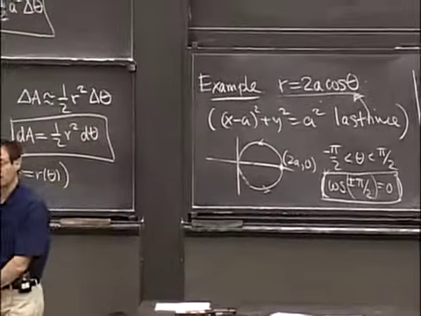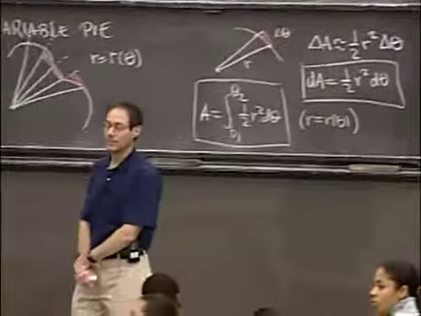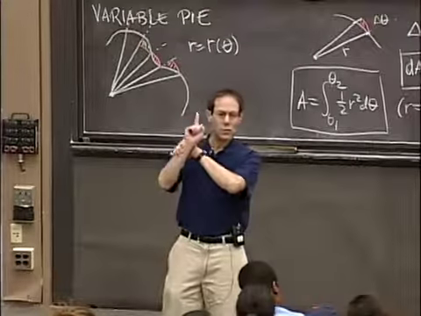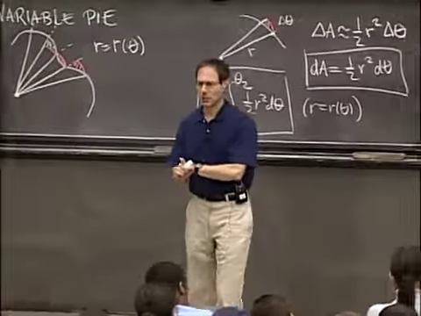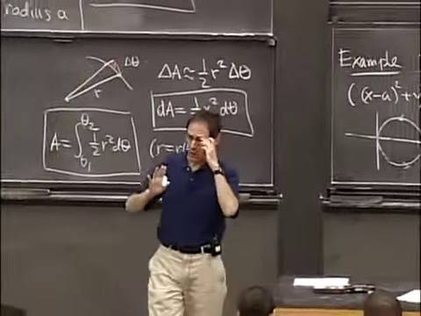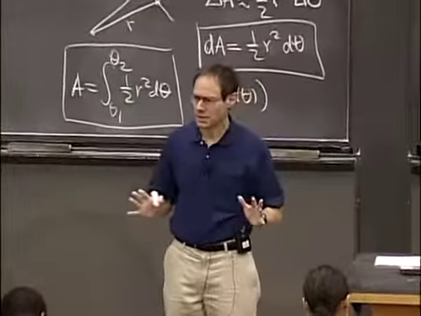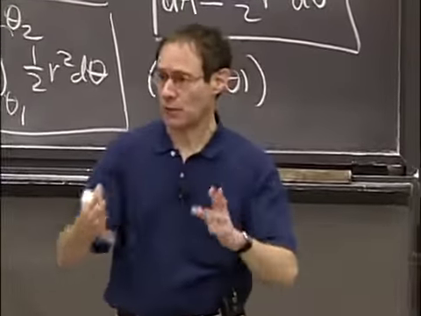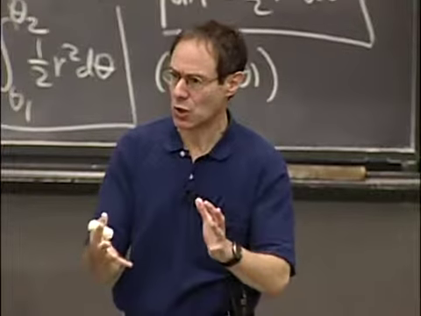Another question: when we're doing these, should we just guess that it's going to be a loop? I'm probably going to give you some clues as to what's going on because it's very hard to figure these things out. Sometimes it'll be bounded by one curve and another curve, and I'll say it's the thing in between those two curves.